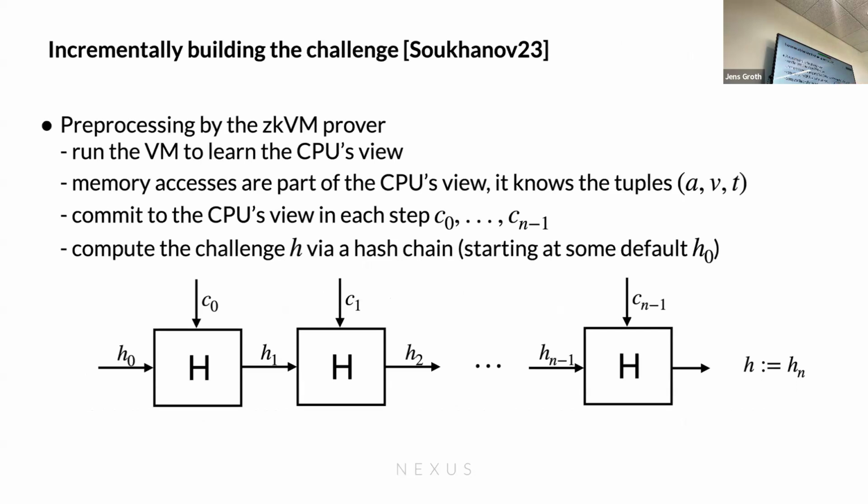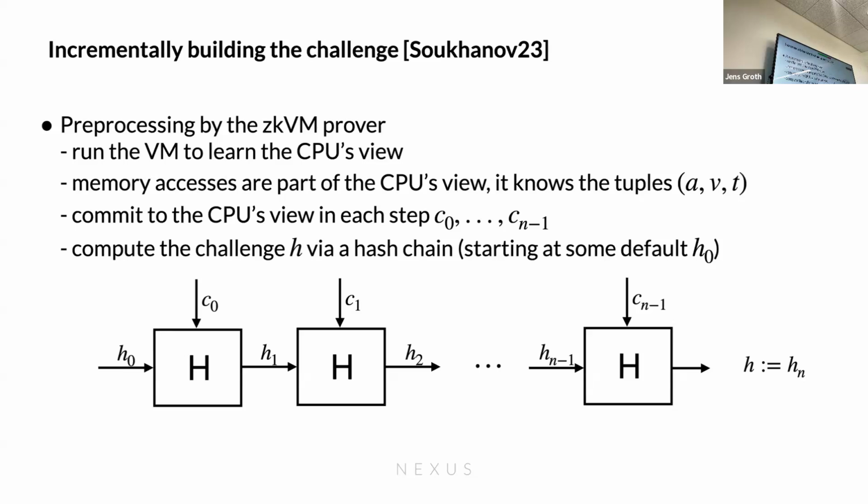Second, we compute a challenge that we're going to use, and we do that via a hash chain. We take the first commitment, with some starting point for the hash, and hash it. We hash in the second commitment and so forth, and at the end we get some final output of this hash chain. This is what we're going to use as the challenge.